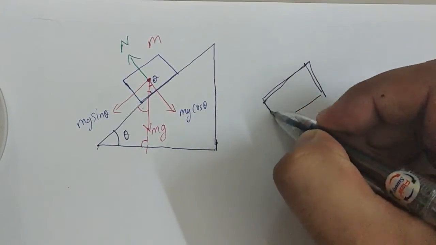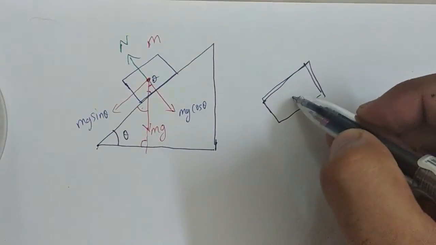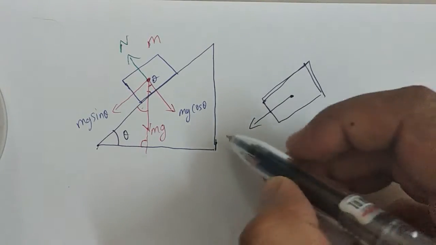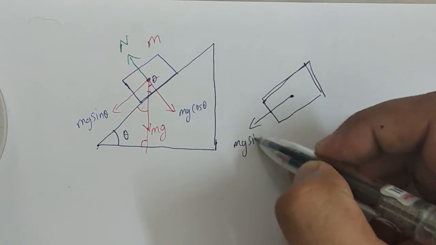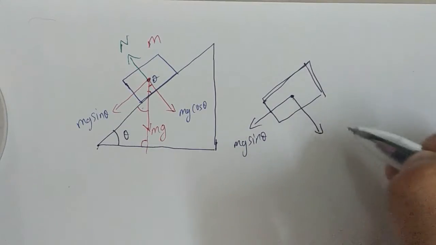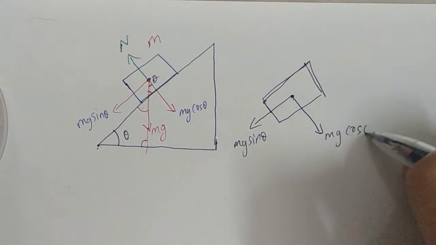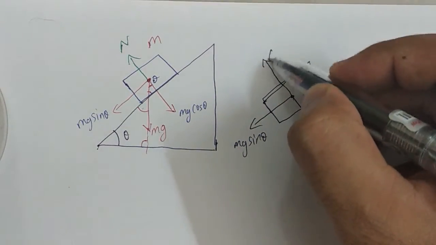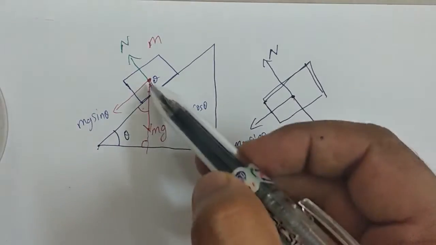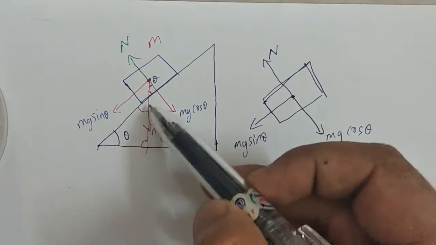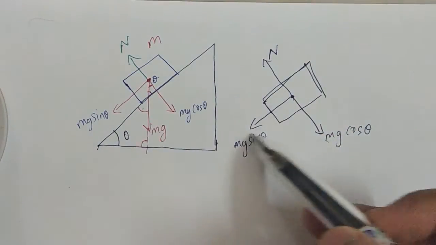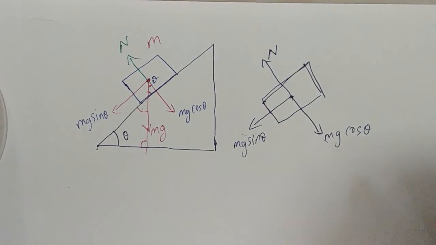In the free body diagram we only consider the external forces that are acting. One of the forces we have found is mg sin theta, another is mg cos theta, and a normal reaction. The resultant need not be taken because it is just the resultant of these two forces.